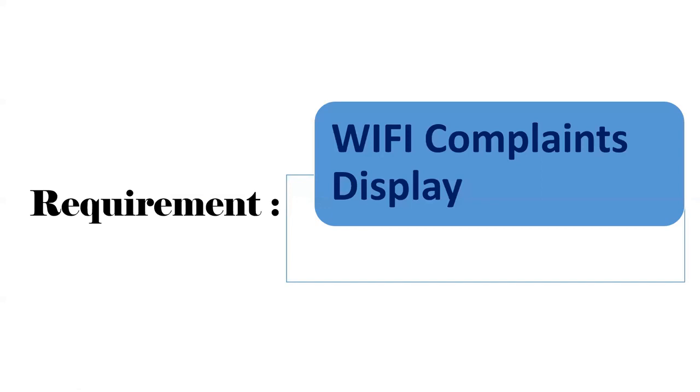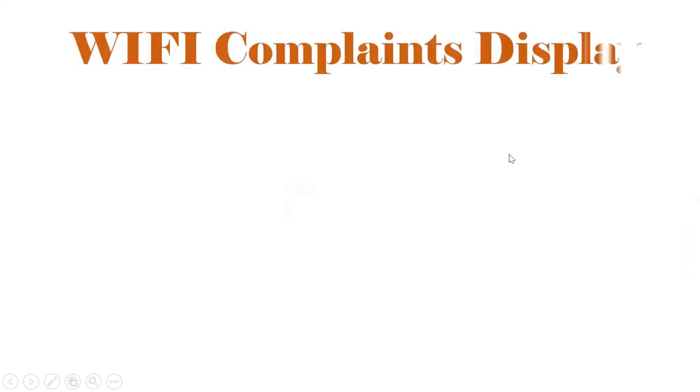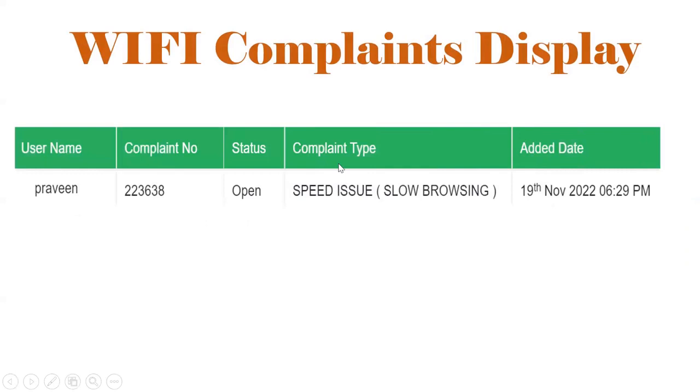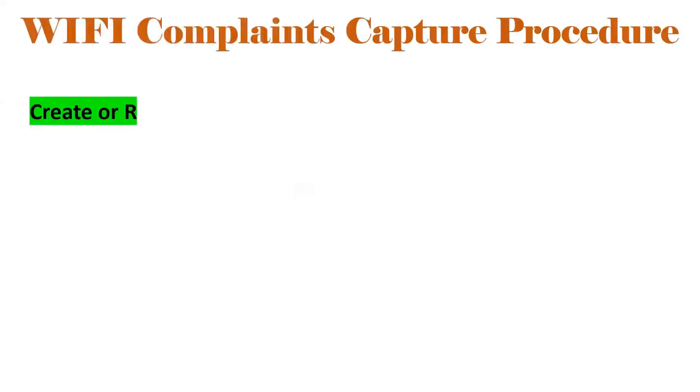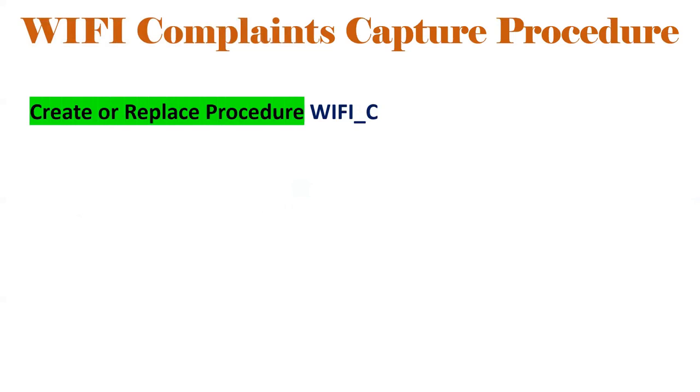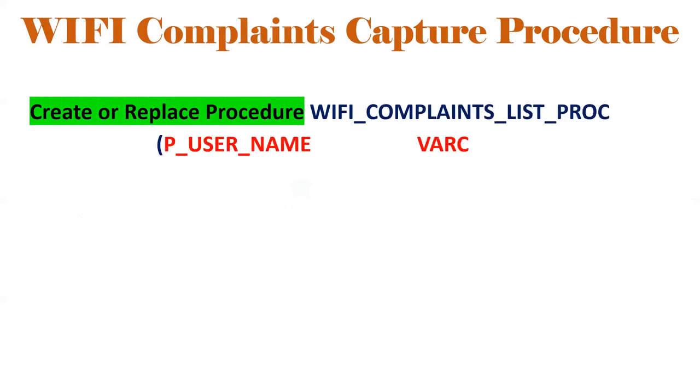Now see the second requirement. The second requirement is we want to display the list of complaints raised by a particular user. So Wi-Fi complaints display. So we want to display what complaints were raised by the particular user. So based on the username, we display the complaint number, status, complaint type, and date. So we're writing one more procedure, complaints list.